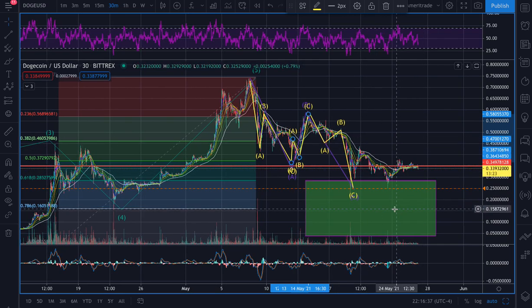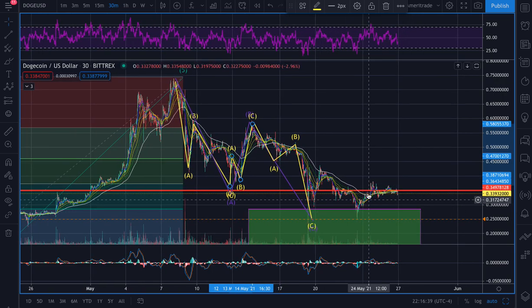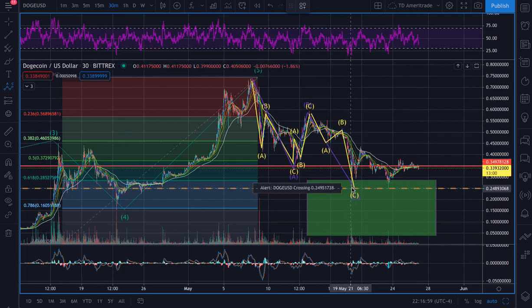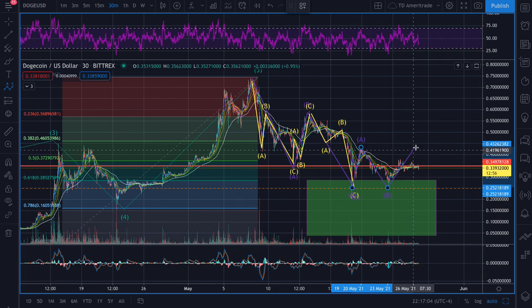And it just keeps going sideways like this in a triangle, making 3, 3, 3. It's not very interesting. It's not my fault. It's Doge's fault.